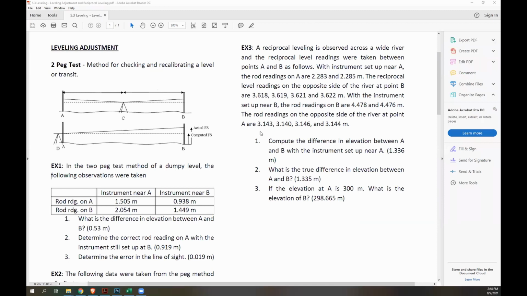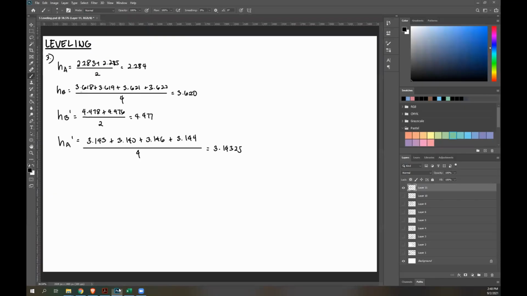Number 1, compute the difference in elevation between A and B with the instrument set up near A. So that means I'm gonna use the readings with the instrument set up near A. So that means I'm just gonna use this HA minus HB.